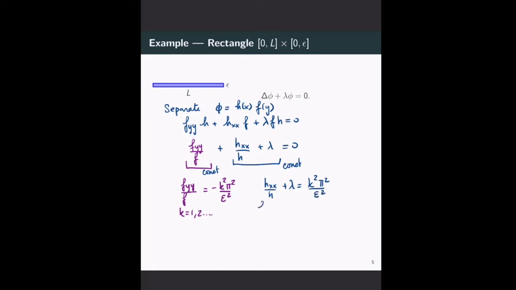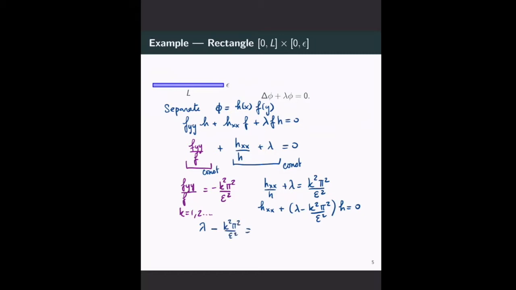So hxx plus lambda minus k square pi square over epsilon square h is 0. So lambda equals, well, let me write one line here and then minus k square pi square over epsilon square.